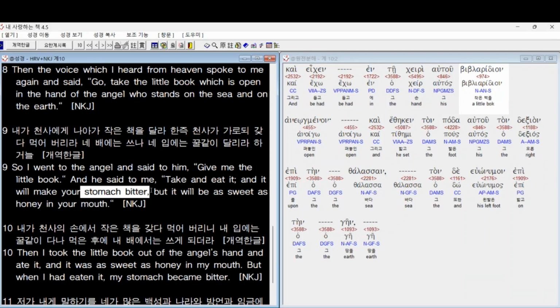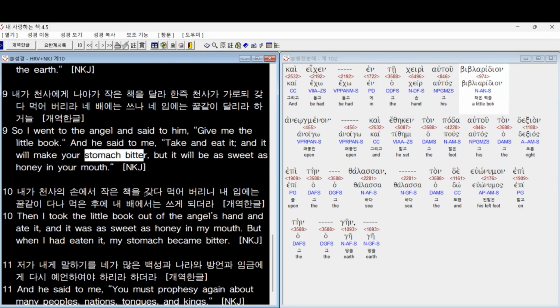And by believing the truth of God, you need to live by the word of God, right? It will be as sweet as honey in your mouth because new knowledge, new wisdom you are receiving, it is sweet, but it will make your stomach bitter.